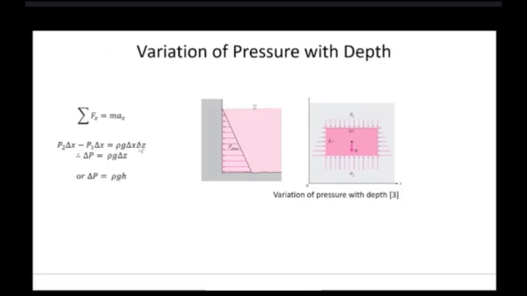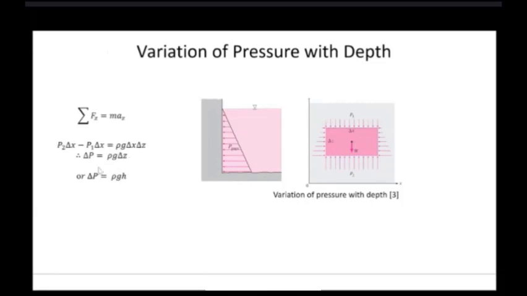If we then divide all of these terms by delta x, we end up with P2 minus P1 on this side, so that's delta P. We divide through by delta x on this side, we end up with rho g delta z. So change in pressure equals rho g delta z.